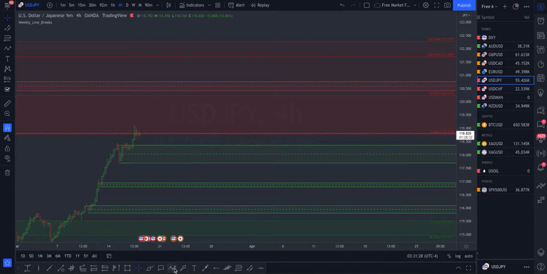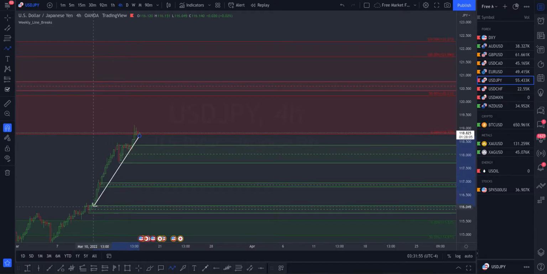We may see price come back down to this 4-hour zone and push up off any of these, because we definitely have imbalance here. The buying has not been contested here.